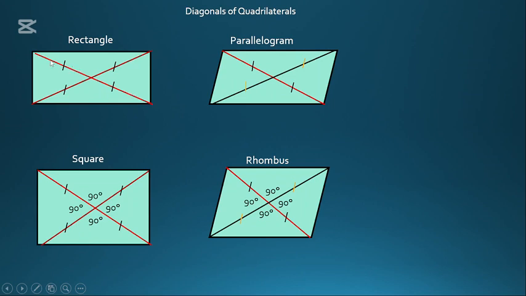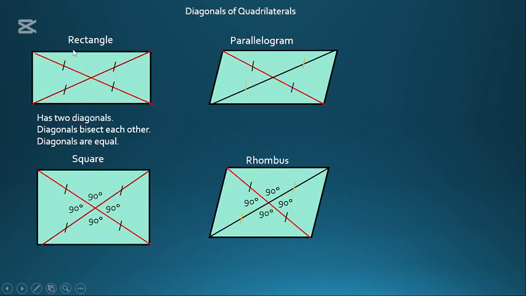I mark them the same because this diagonal over here bisects that one, and that diagonal bisects the second one there, with the result all four halves are marked the same. So we say in a rectangle the two diagonals are equal.